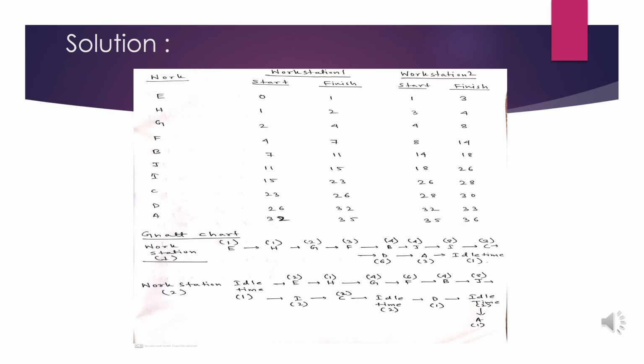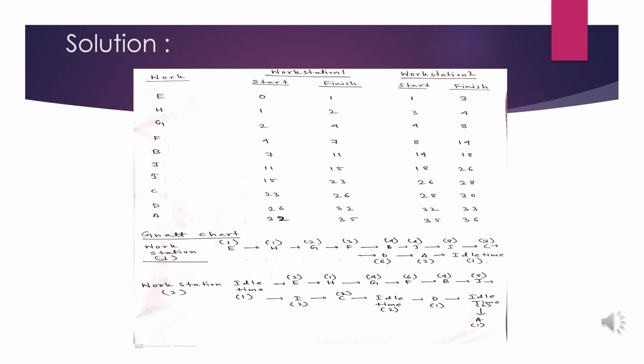A at workstation 1 has finished at 35. So the work A cannot start at workstation 2 before 35, but D at workstation 2 has ended at 33. So again there will be idle time. If we continuously complete that, we now have the work span at 36.